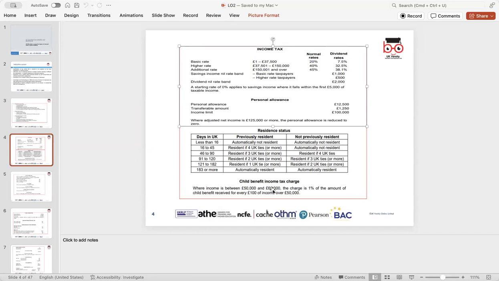Income tax is obviously a complex but important aspect of personal finance that affects how much money you take home from your earnings and investments. Understanding the different rates, bands, allowances, and charges can help you manage your finances more effectively and plan for your future.